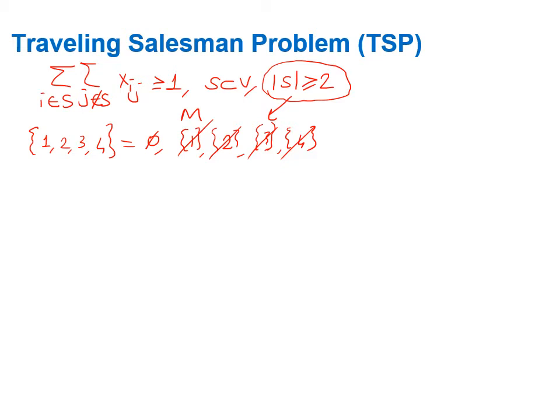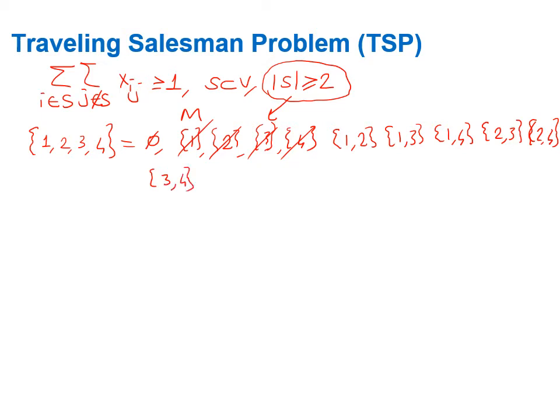And then we have subsets with two elements, which are 1 and 2, 1 and 3, 1 and 4, 2 and 3, 2 and 4. I didn't write 2 and 1 because 1 and 2 and 2 and 1 are the same sets. I am continuing from here, 3 and 4.